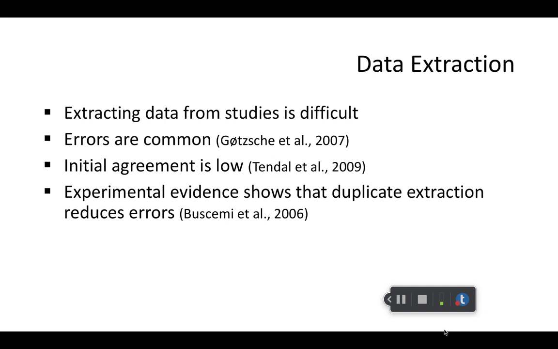So experimental evidence shows that duplicate extraction of information from studies reduces errors. That means to really understand what a study is saying, what we should do is have two or more people independently read the research report, take notes, and then compare notes on what they thought the study said.